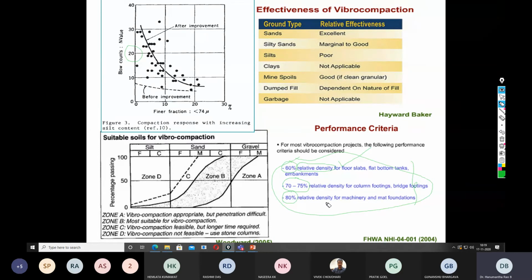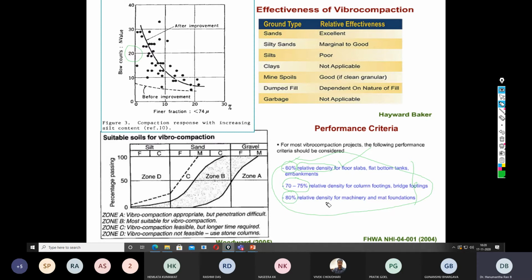Now let us try to recall. You have a classification scheme for degree of relative density. This you have done during your undergraduate. If the relative density is less than 40%, then that is called a loose sand. Then 40 to 60, it is medium sand. 70 to 75% dense, and above 80 very dense, and so on.